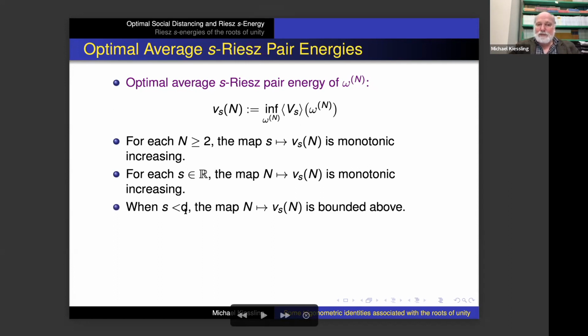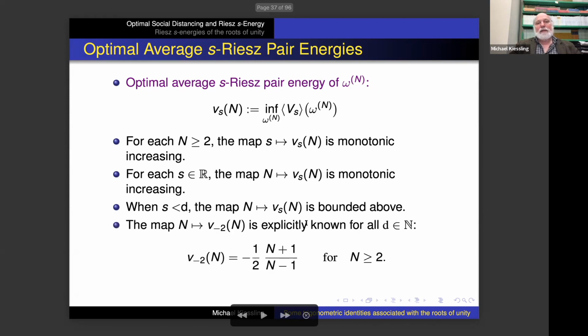Moreover, when S is less than the dimension of the space, that map is bounded above. An increasing and bounded function has to converge, so people are interested in computing what the answer is when n goes to infinity. Moreover, when the Riesz parameter is -2, you can compute this answer in all dimensions.